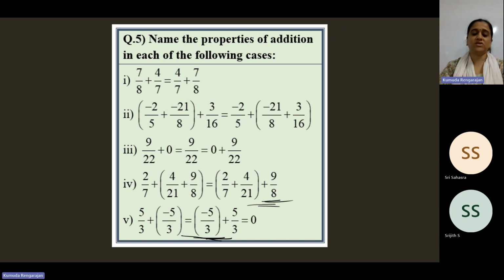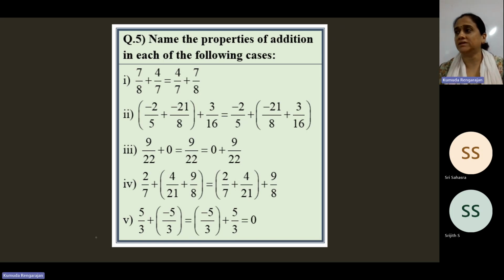No. Srijit, what do you say for the last one? Ma'am, I said commutative property. No. You must mention the most appropriate property. Additive inverse. Correct. Additive inverse.